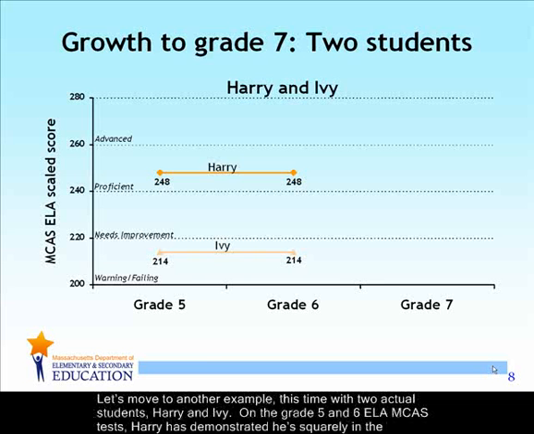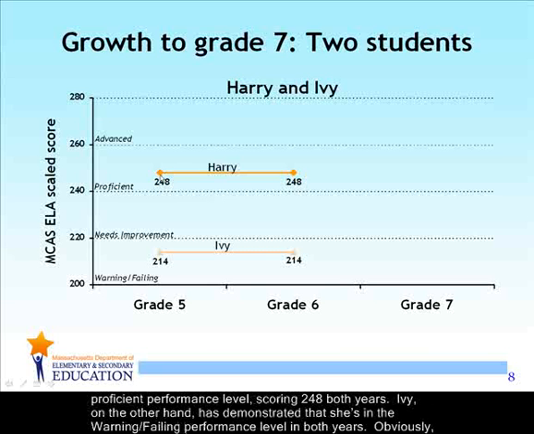Let's move to another example, this time with two actual students, Harry and Ivy. On the grade 5 and 6 ELA MCAS tests, Harry has demonstrated he's squarely in the proficient performance level, scoring 248 both years. Ivy, on the other hand, has demonstrated she's in the warning failing performance level in both years.